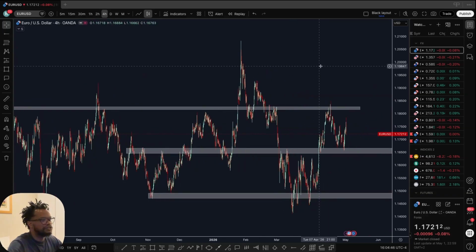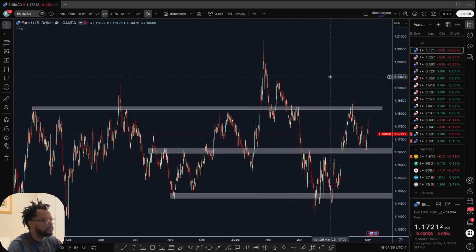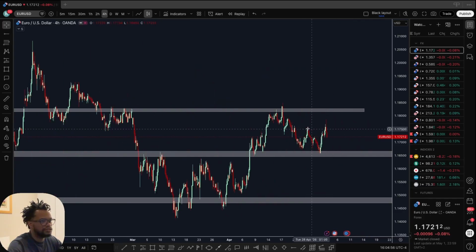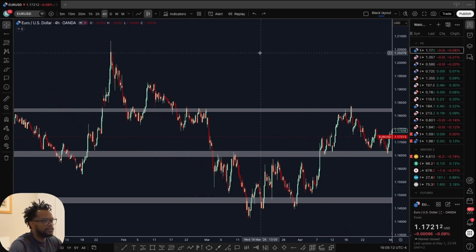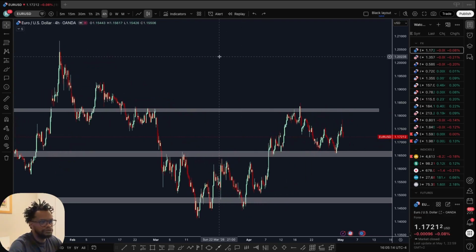What I mean is the small levels in the middle of the range, like this one here. So I like to focus on the major levels like these ones over here, because I feel like they're still quite strong and price does react to them quite a lot. So those are the ones that I leave on the chart when I go into a new week.